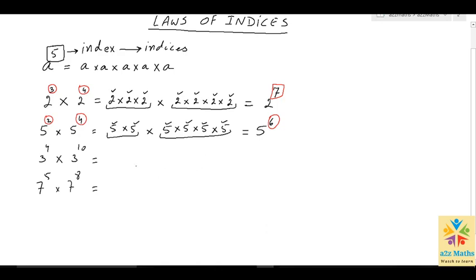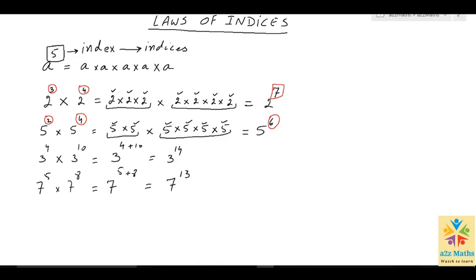Yes, you're right. Here this is 3 to the power 4 plus 10, and the result is 3 power 14. And this is 7 to the power 5 plus 8, which gives me 7 to the power 13.